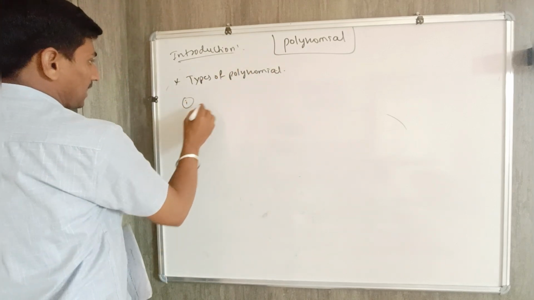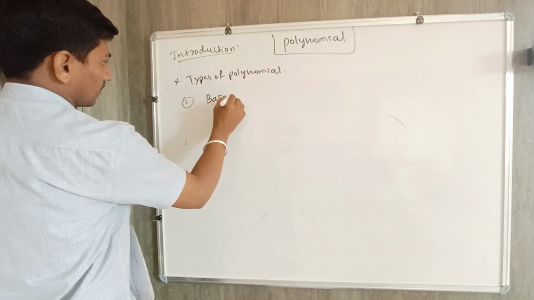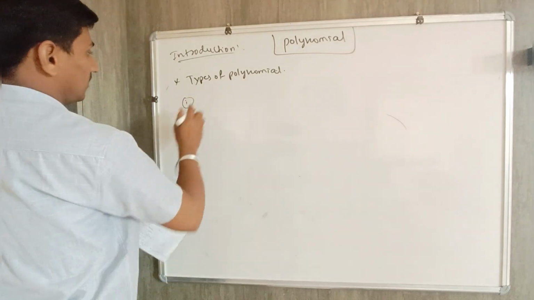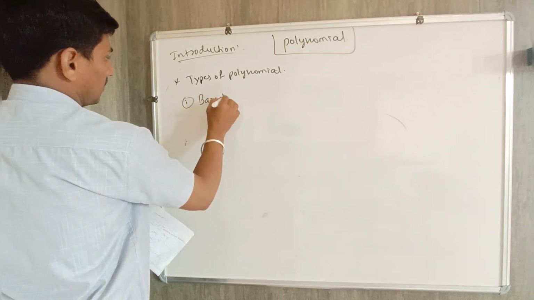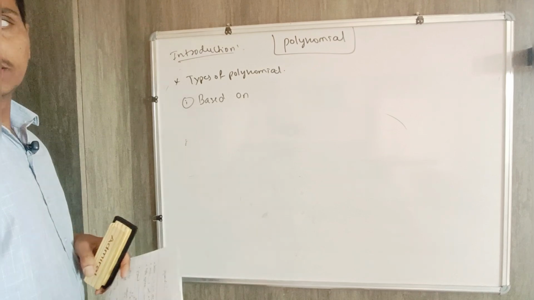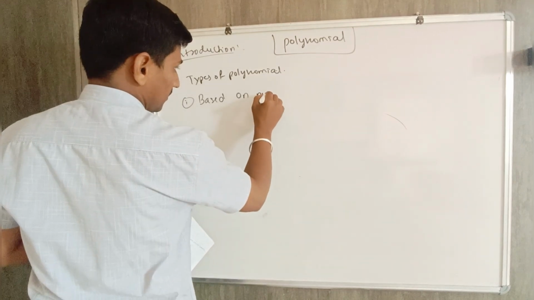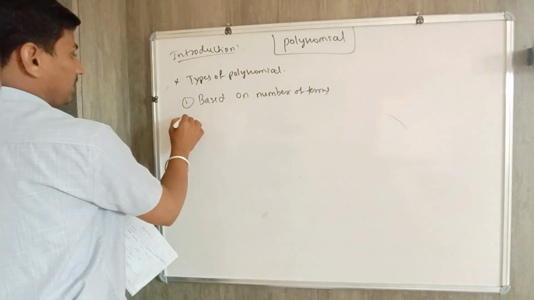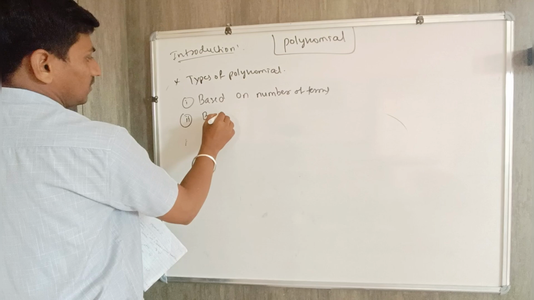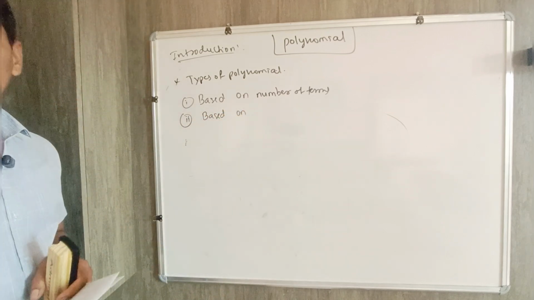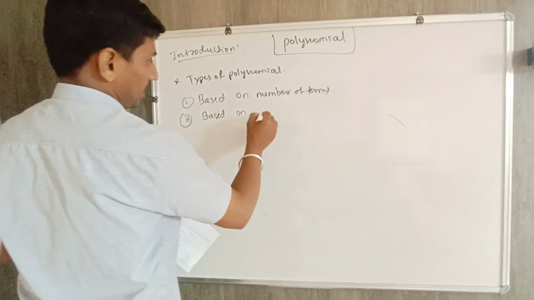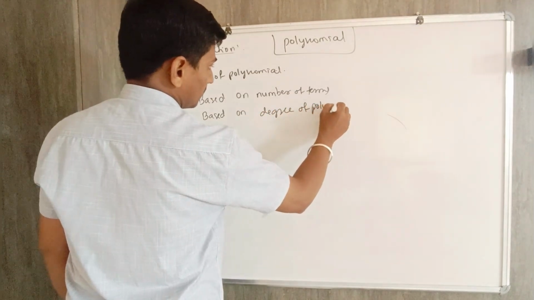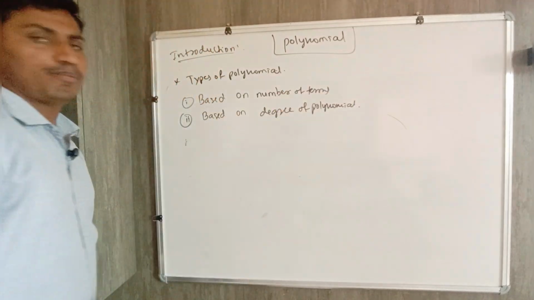First one is based on number of terms. And second one is based on degree of polynomial.